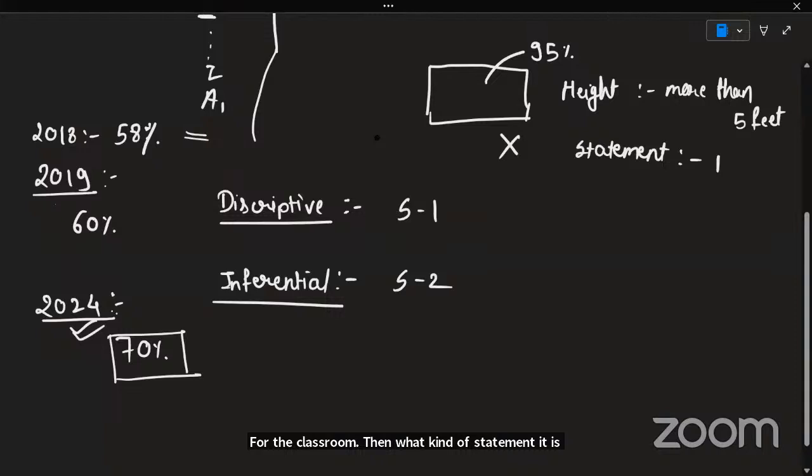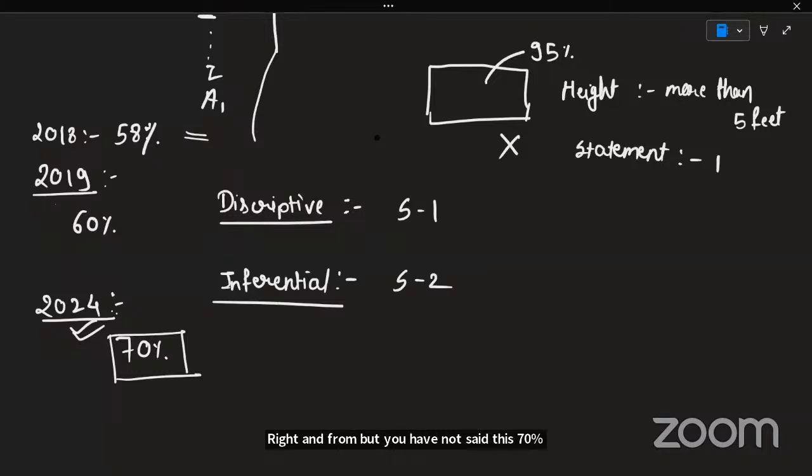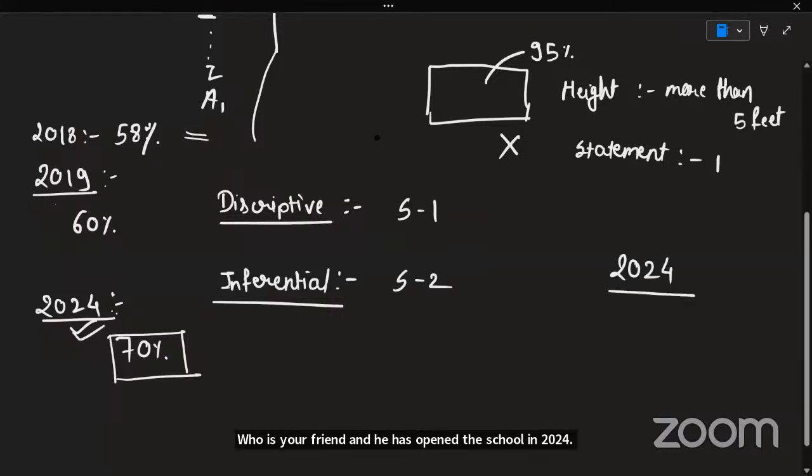Right? But you have not said this 70% randomly. You have observed some pattern from the previous data, and you have said something. You have inferred something from that previous data, right? Yes, ma'am. It was not random. Let's say another person, your friend, has opened a school in 2024, and he is also claiming something.